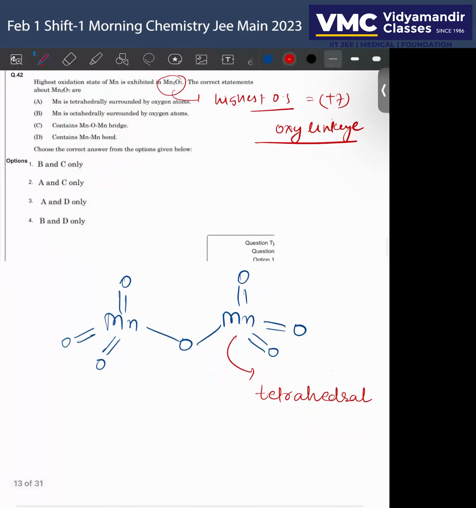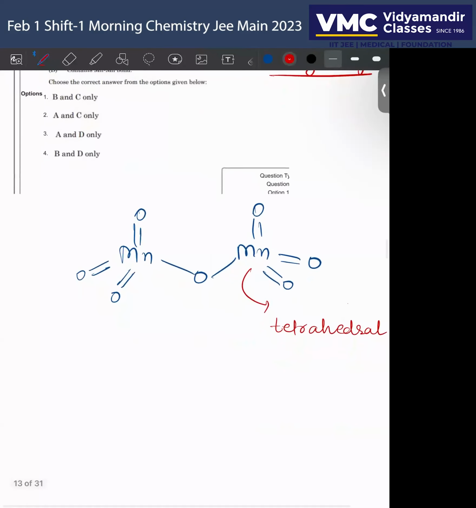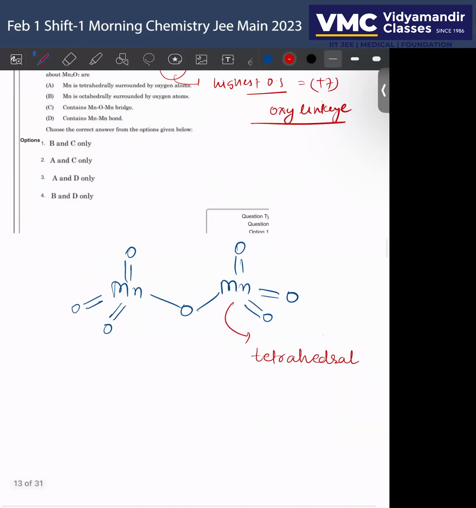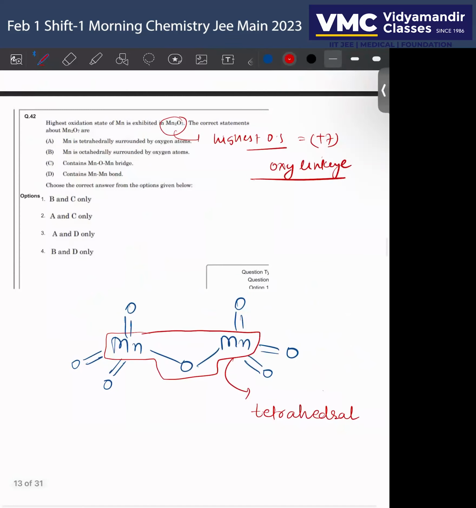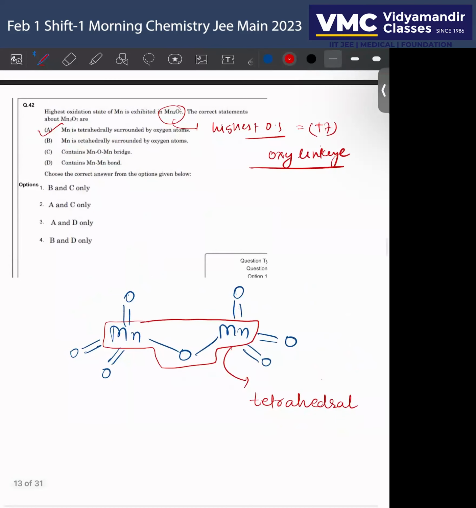The Mn will be surrounded by oxygen in a tetrahedral unit, and it is being bridged by an Mn-O-Mn bond here. So in option number 1, A is correct. Mn is tetrahedral, surrounded by oxygen atoms. It is true. Mn is not octahedral. It is not true. It contains an Mn-O-Mn bridge. C is also correct, and D is not correct. Therefore, A and C are correct. So option number 2 matches here. Option number 2.